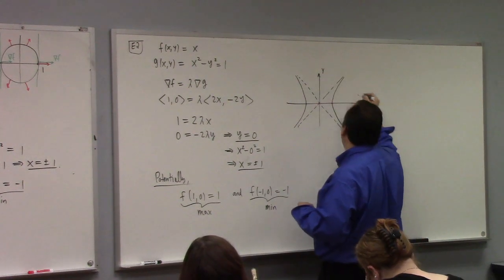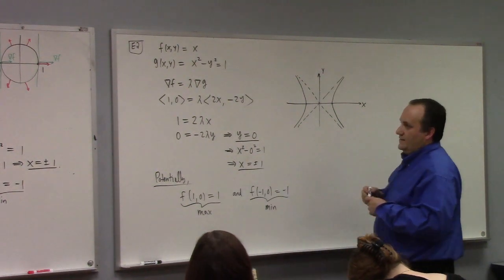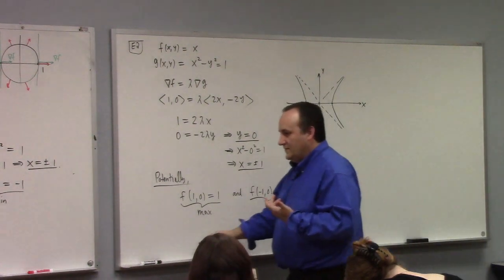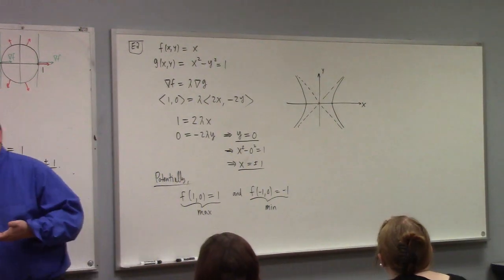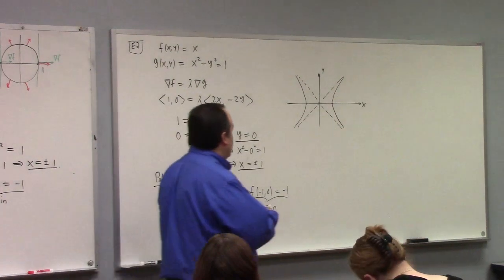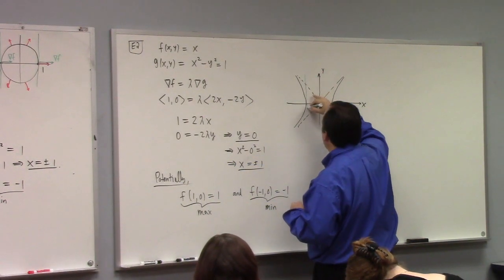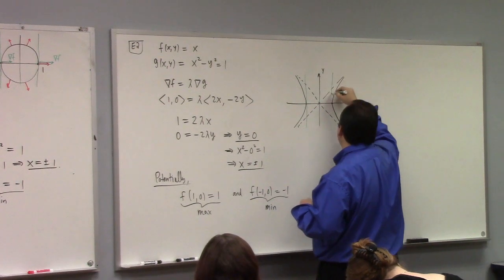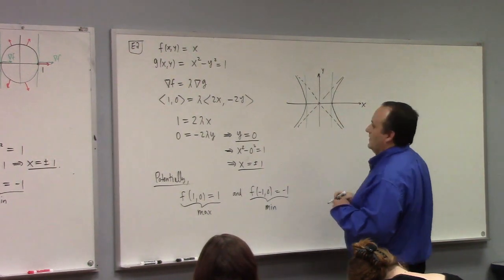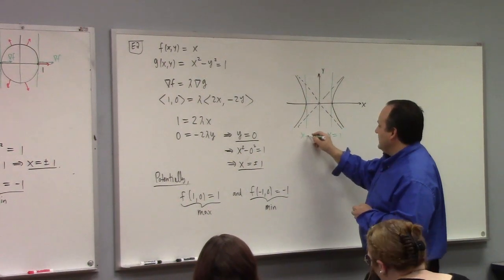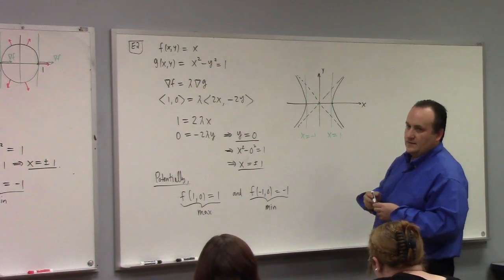Now, what are the level curves of the objective function? They're vertical lines, right? We just found that those points are the places where the level curves x equals 1 and x equals minus 1 touch the hyperbola.